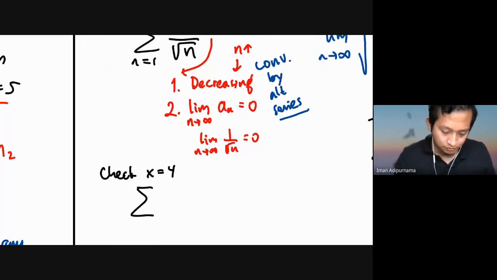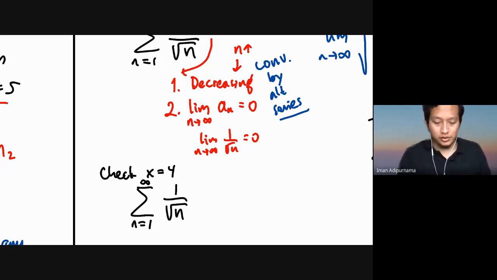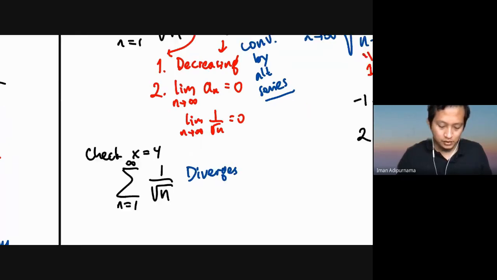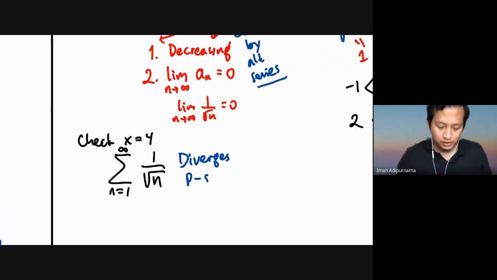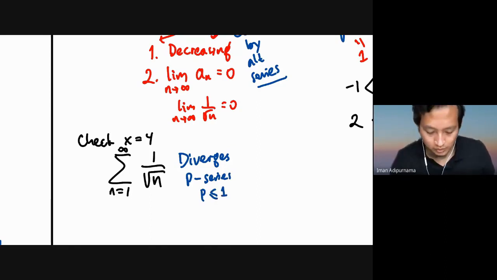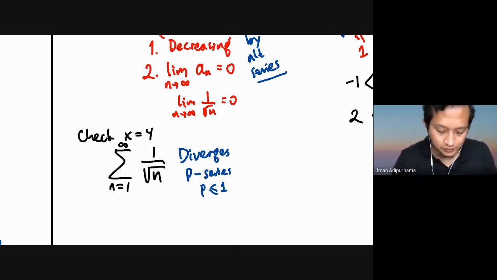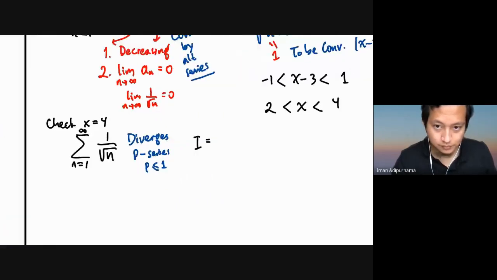The sum now becomes 1 over square root of n, which diverges, right? From the p-series, p is less than or equal to 1, so it diverges. So the interval of convergence is 2 to 4, and 4 is not included.